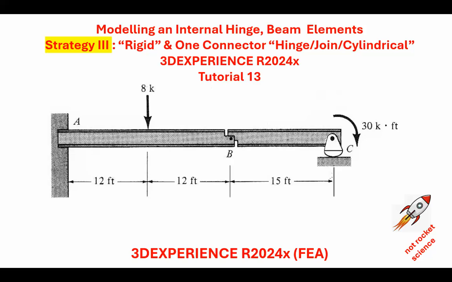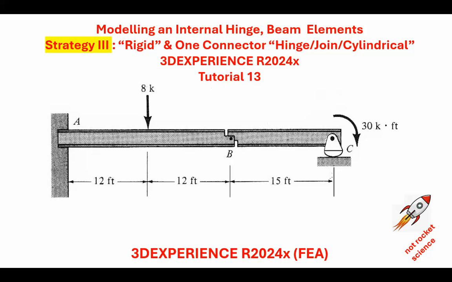In tutorial 11, I made a welded connector where I placed the concentrated force, and a hinge connector where the internal hinge exists at the point B. In tutorial 12, instead of using the weld connector, I used the tie option to put the two pieces, left line and middle line, together, and then of course it's going to be a hinge at the point B.